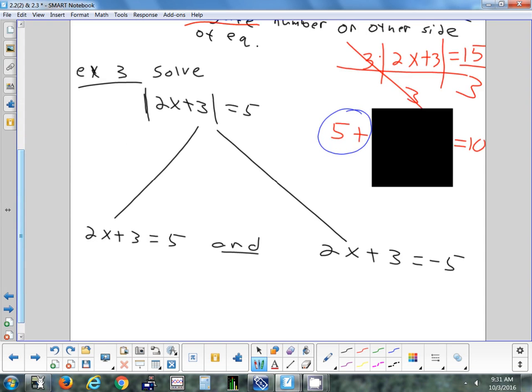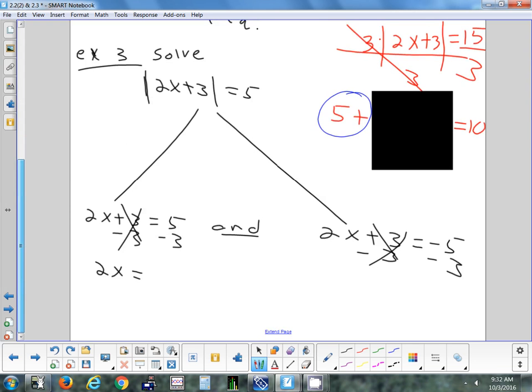Now solve each equation. How about Connor? What's going to be my first step? And actually, it's going to be on both. Subtract 3. Yep, so we subtract 3. That's gone. That's gone. On the left, Connor, what do I get? You get 2x equals 2. Yep. And my other answer, 2x equals -8.